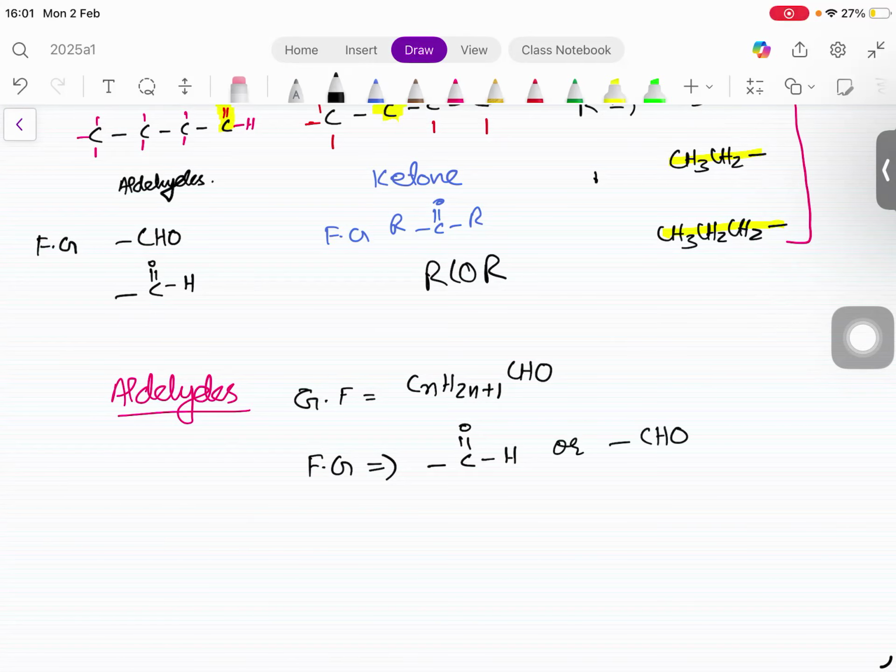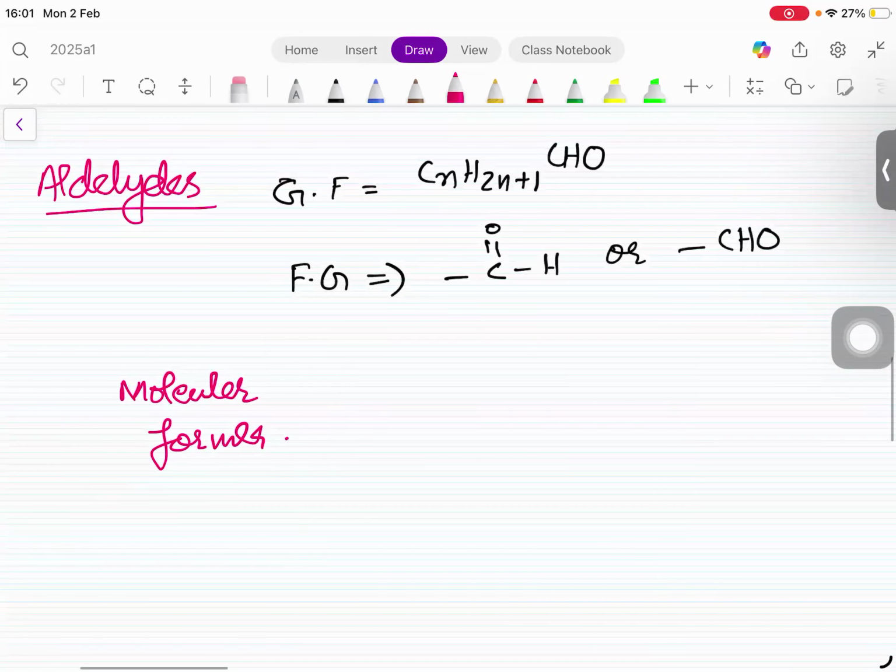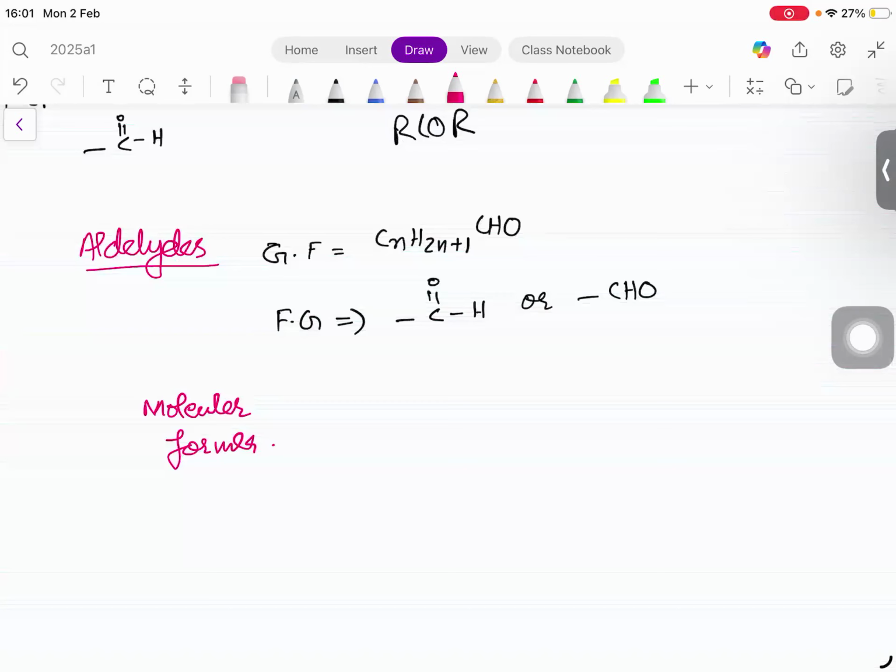Okay. Sorry, there is another general formula which we can also use, CnH2nO. Okay, I'm going to use that one.